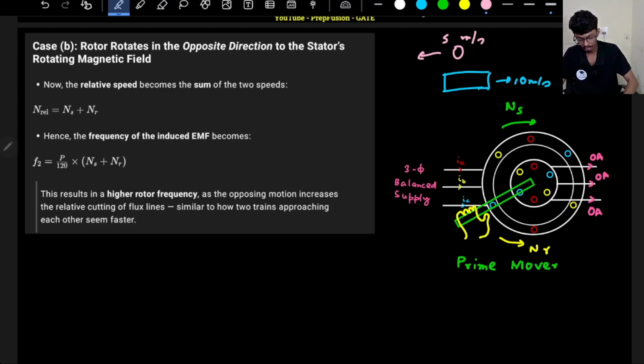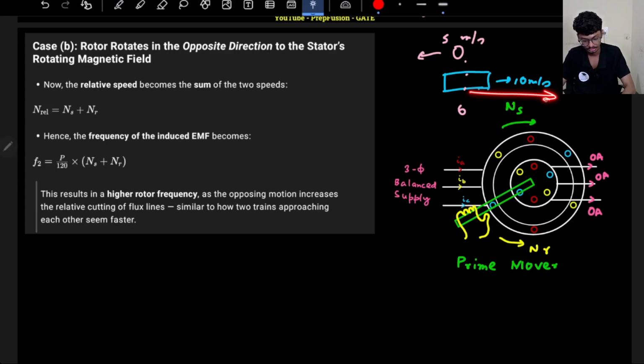Why? Because relative speed means how far they have moved with respect to each other. Let's assume a second. Let's assume this is the origin. From the origin, the box has moved by 10 meters, and the pink ball has moved by 5 meters on the other side.